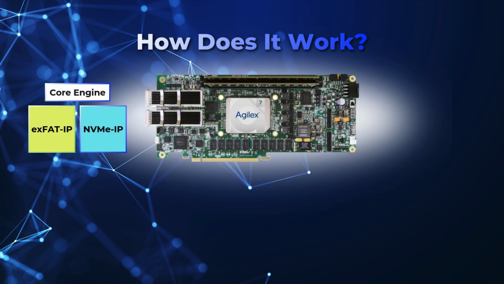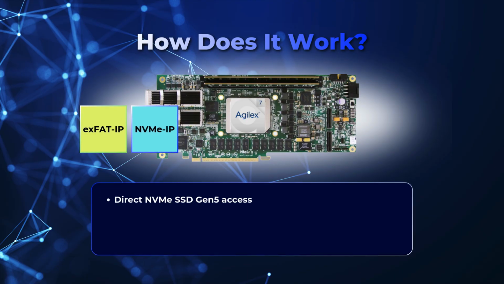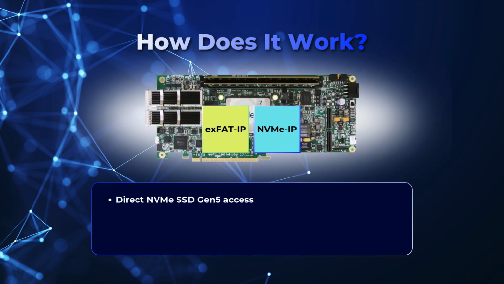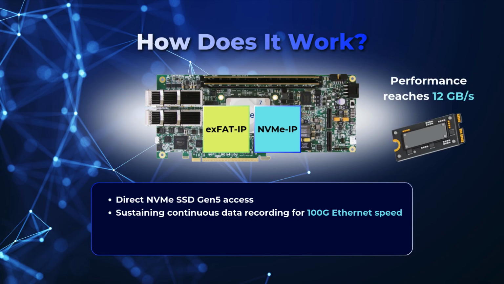To log data from a 100G Internet interface, the system must store Internet data at full line rate, without relying on the CPU or operating system. The DG solution uses our NVMe-IP, allowing direct access to Gen5 NVMe SSD. With Gen5 NVMe SSDs, sustained throughput of around 12 GB per second is achievable, sufficient for continuous 100G Internet logging.